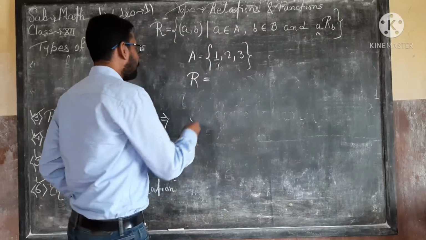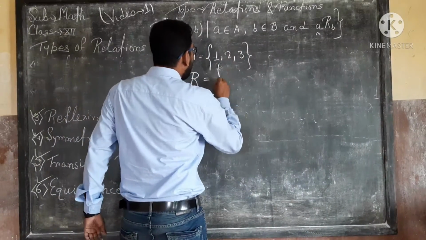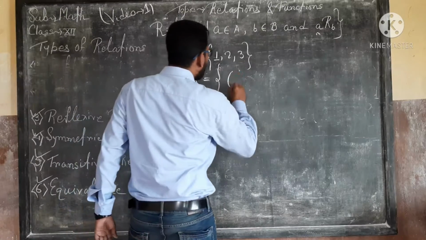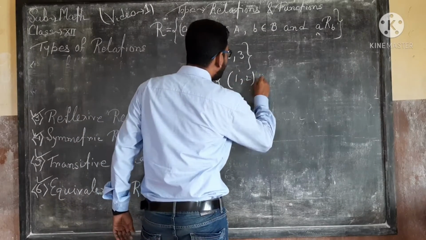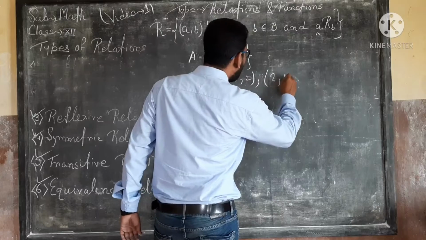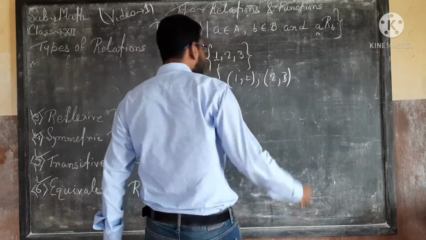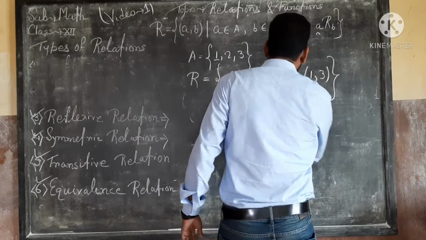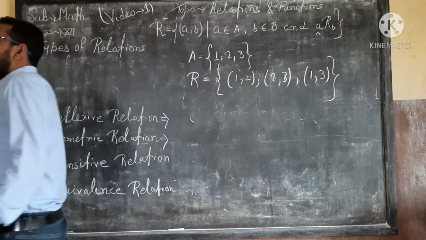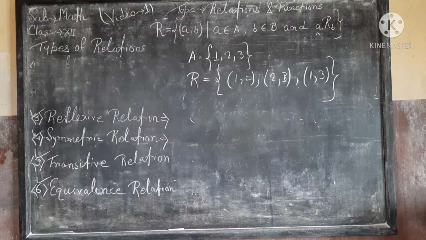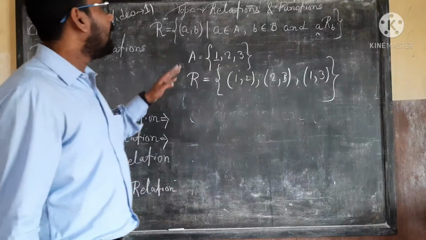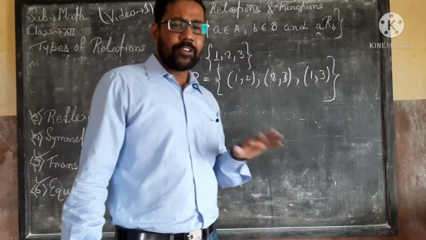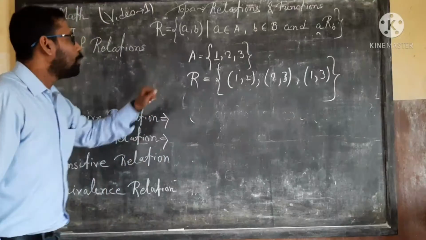Suppose we consider (1, 2) as an ordered pair, (2, 3) as another ordered pair, and (1, 3) as another ordered pair, and justify whether this particular relation is in the transitive form or fulfills the transitive relation criteria or not.